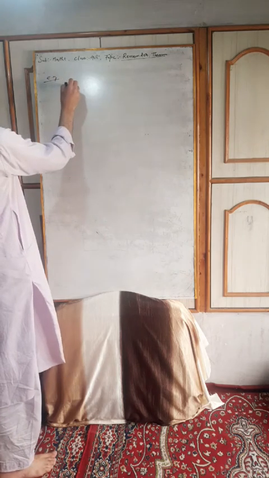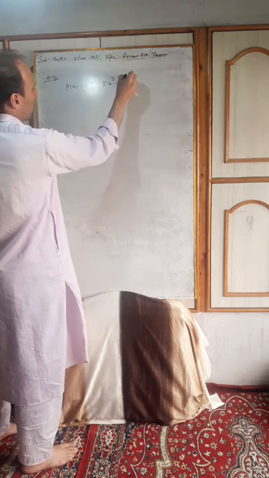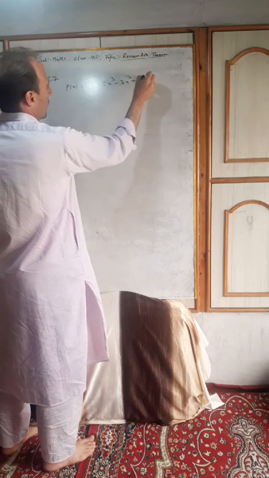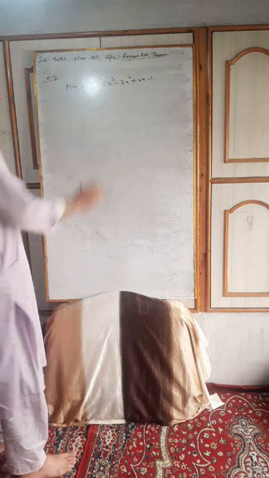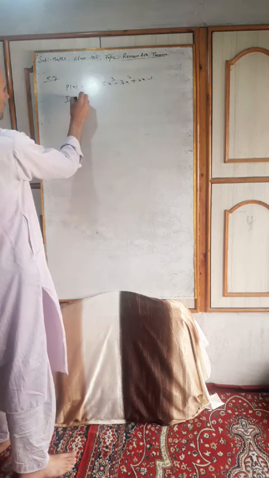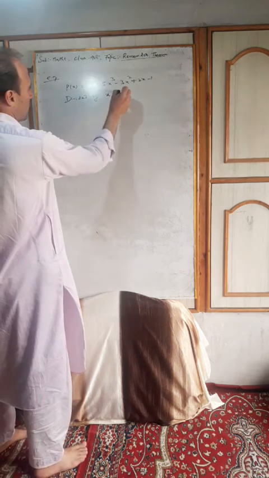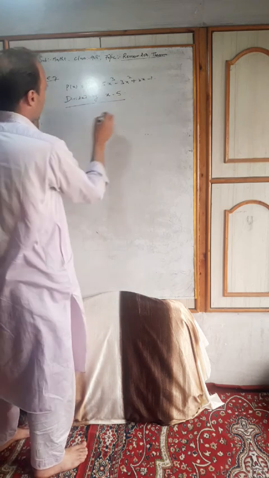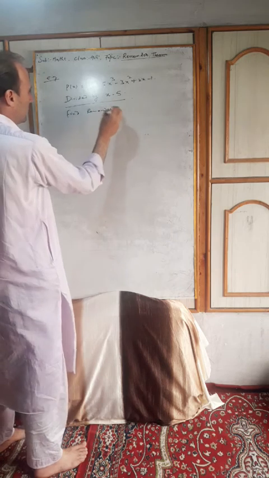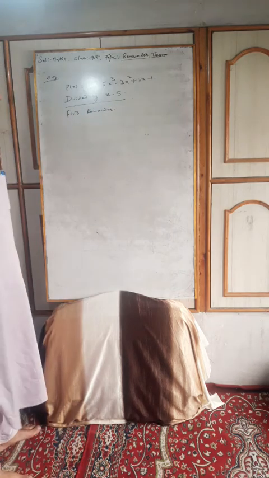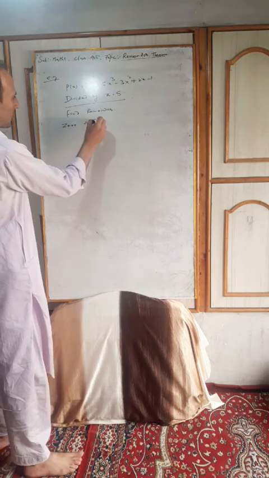If we are having a polynomial p of x is equal to x to the power 4 minus 5x cubed minus 3x square plus 2x minus 1, and if this polynomial is divided by x minus 5, and if we are asked to find the remainder, what we do, first of all, we will find the 0 of x minus 5.